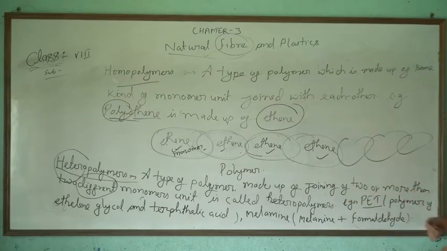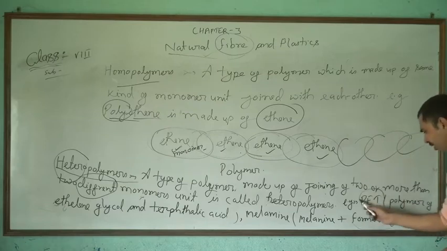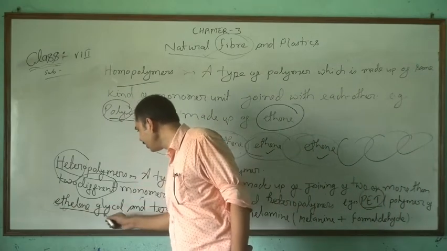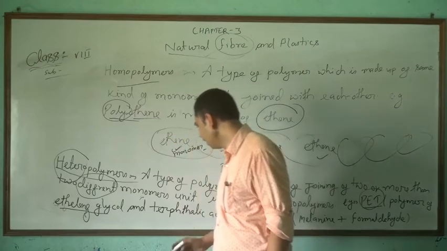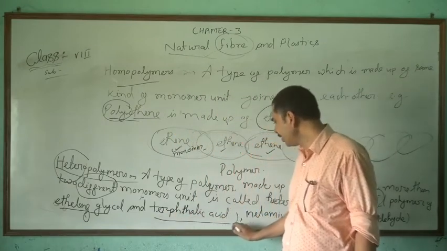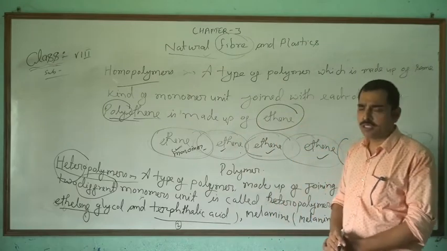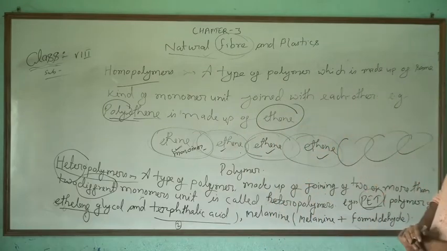An example is PET. PET is a polymer which is made up of two monomer units. The first monomer unit is ethylene glycol and the second monomer unit is terephthalic acid. These are the two monomer units.